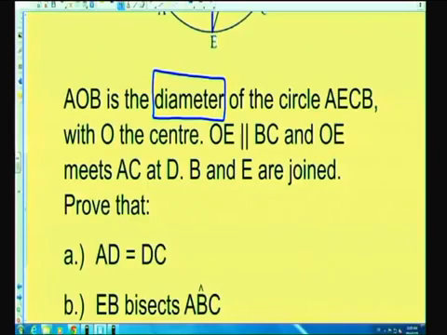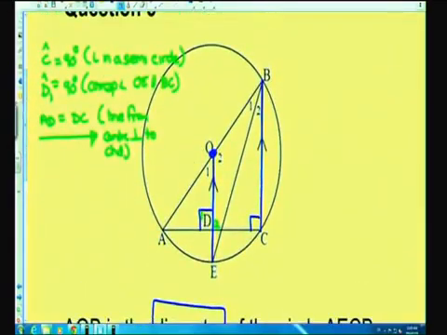Right, the next part of the question says, prove that EB bisects angle ABC. So let's go back up there. BE bisects ABC. So what we're required to prove is that B1 equals B2. I find if you do that, it's so much easier to work with. So let's find something equal to B1, and something equal to B2, and hopefully that something will be the same thing.